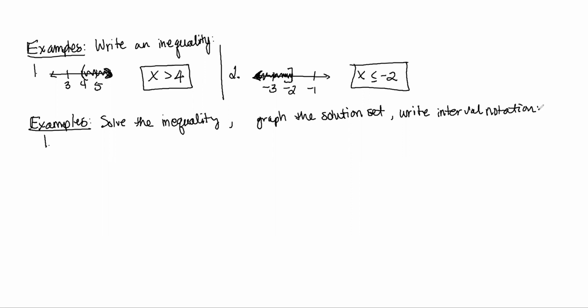So number 1, let's take a look at -1 plus 8r is less than 7r plus 2. So just like I did with linear equations, we still want to get the variable alone, and positive.